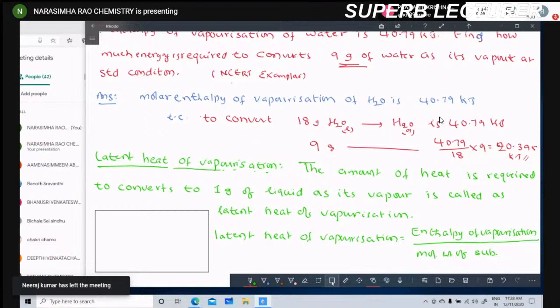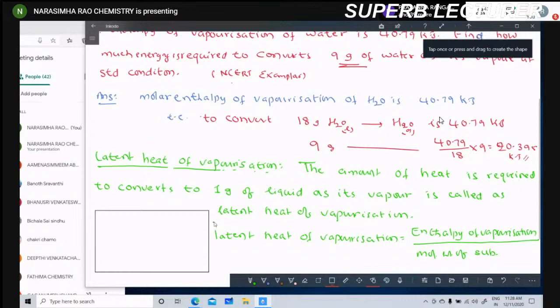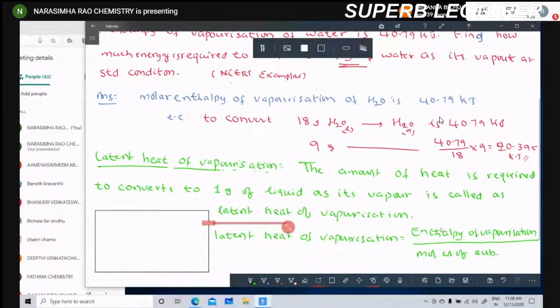Right. This is the latent heat of vaporization.